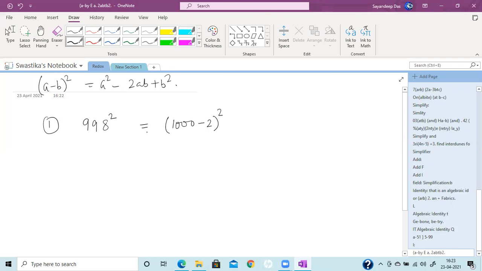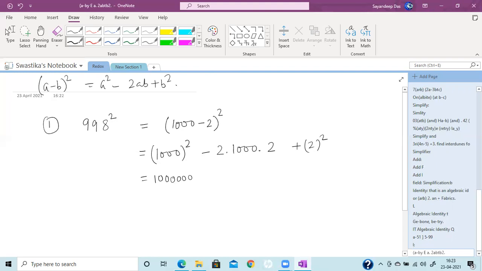You should be a little alert to see the number and find out what can be subtracted or added to those numbers. So this is a square minus twice ab. Here a is 1000 and b is 2. So 2 square is 4.